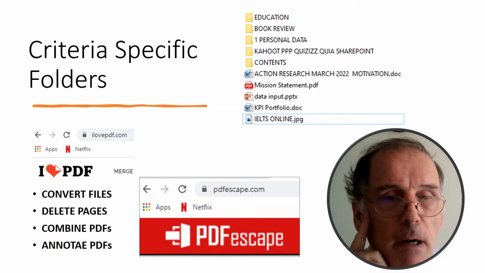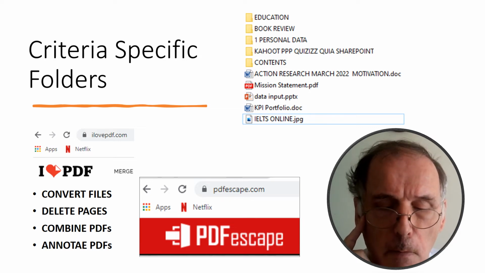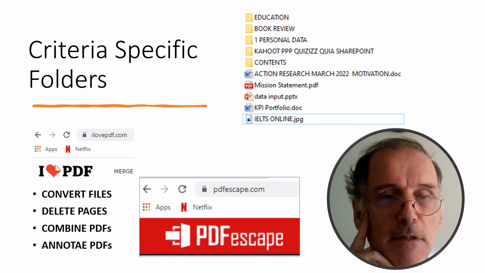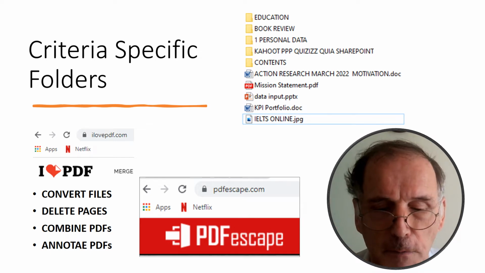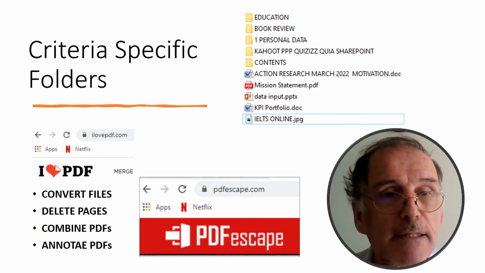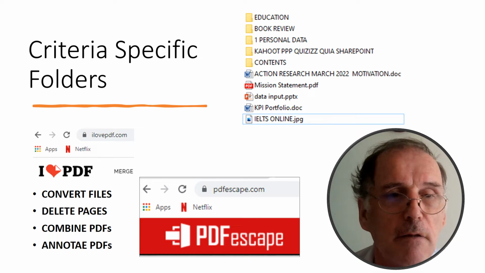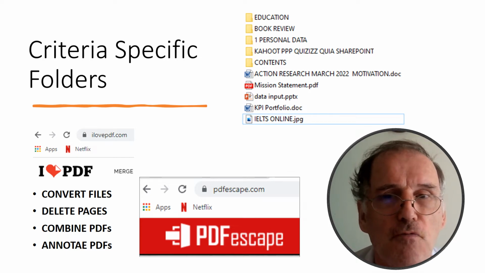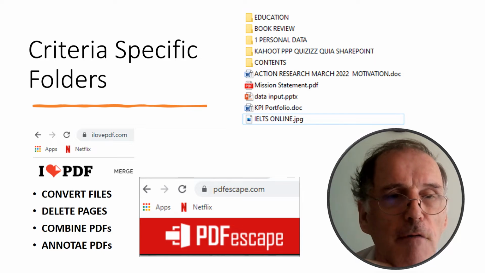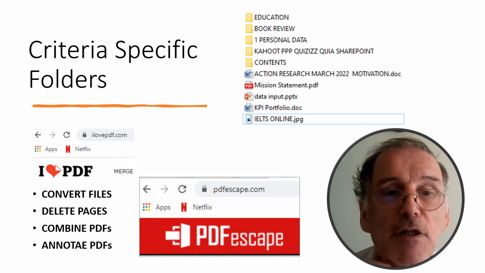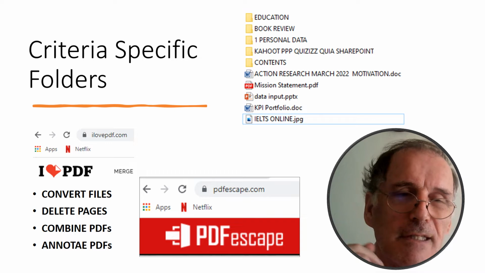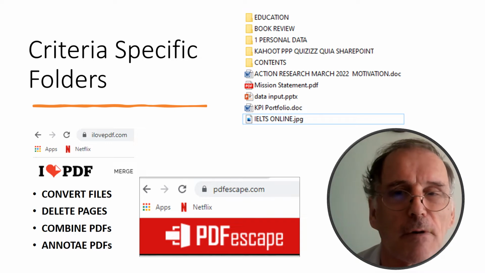You can combine PDFs for your final version of your portfolio. And you can also annotate PDF files, which is a very good idea, because if you just have 20 or 30 PDFs and the person going through your portfolio, if there's no explanation of what they're all about, it's a little bit pointless. Okay.